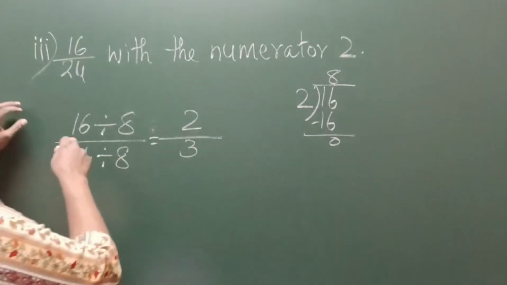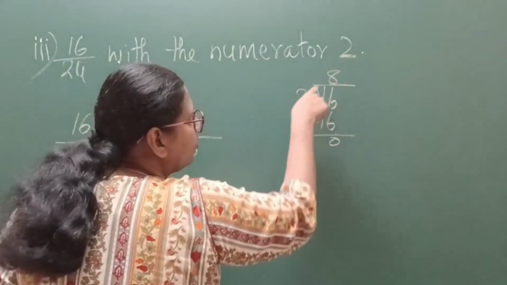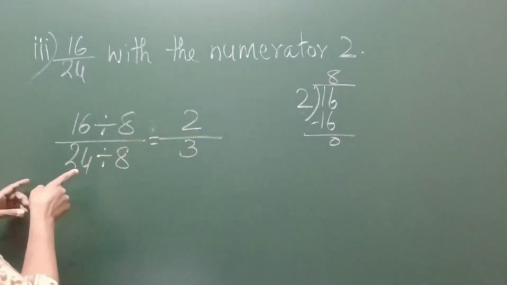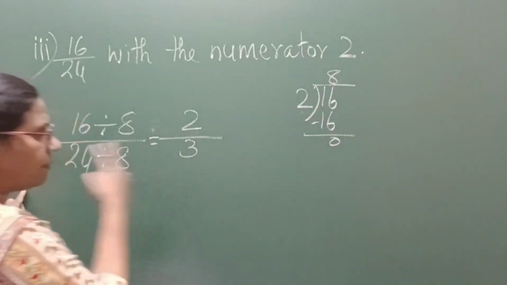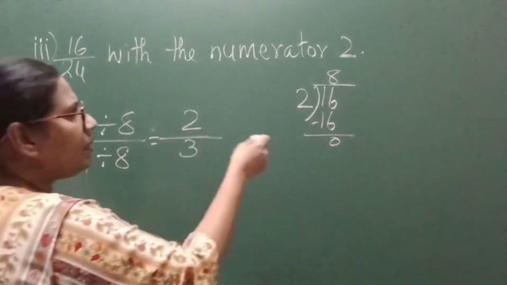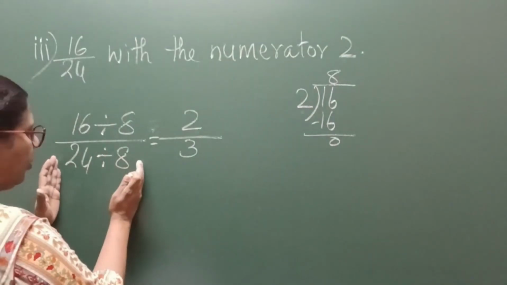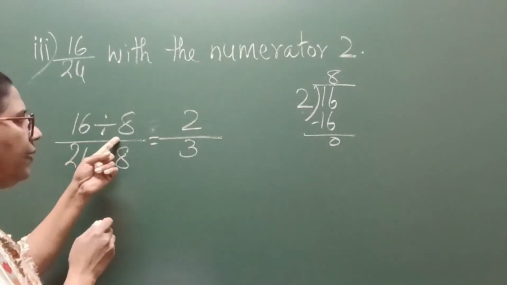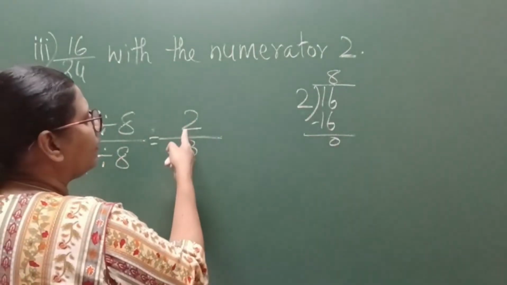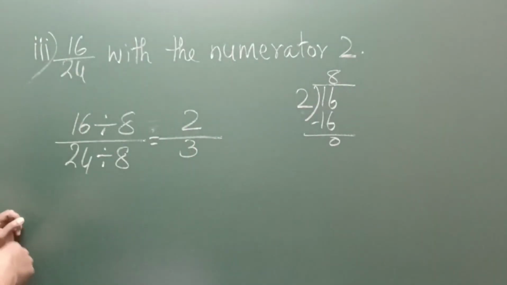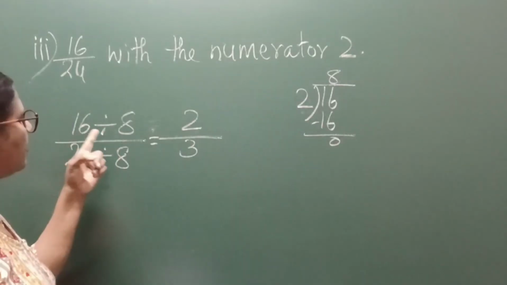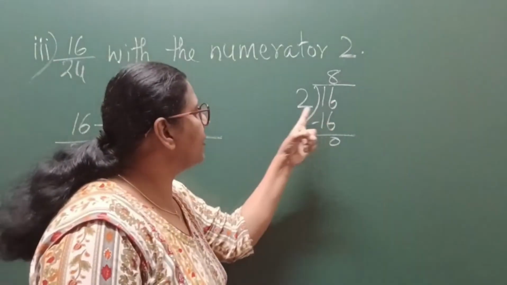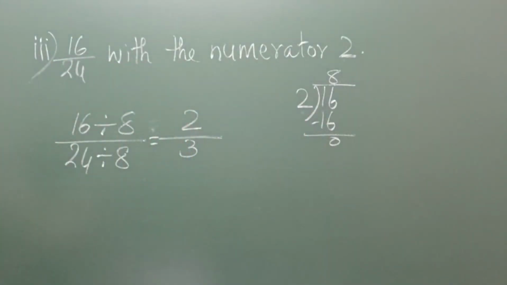You understand? Then when we divide the denominator by 8, we have to divide the numerator also by 8. Then we get the numerator 2, which is already given. Then you may have a question: why here 16 divided by 8 and why here 16 divided by 2? The answer is this.